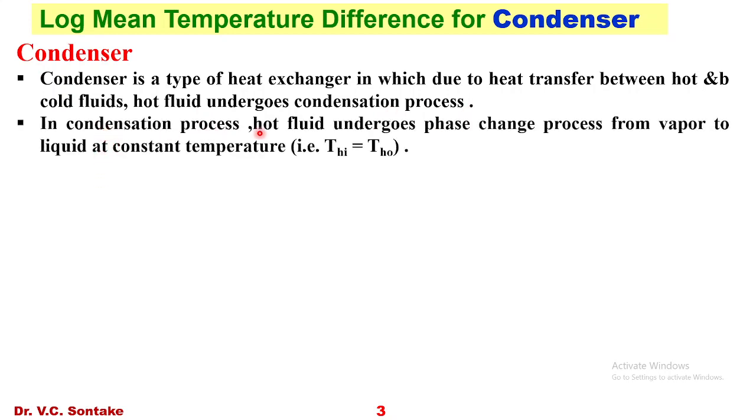In condensation process, hot fluid undergoes phase change process from vapor phase to liquid phase at constant temperature. That is, during heat exchange process, the temperature of the hot fluid at the inlet and outlet are constant, that is Thi is equal to Tho.